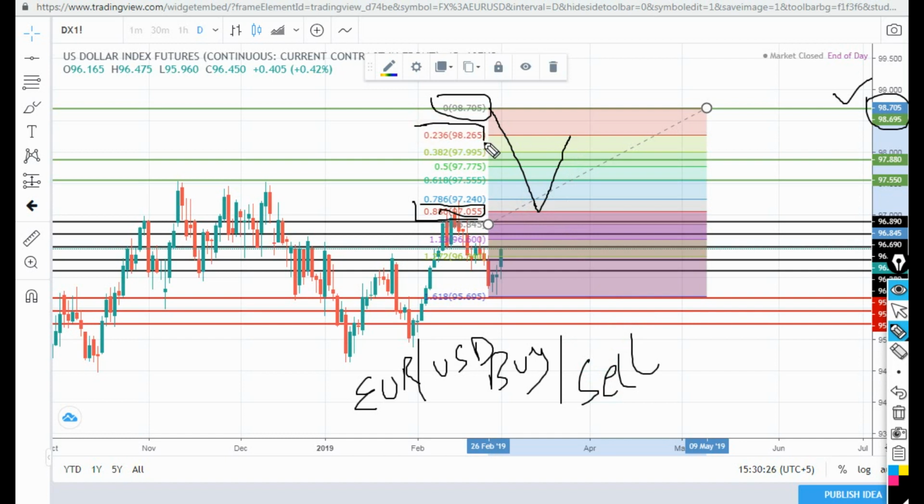Now note down these numbers, it's so easy. And after this B wave, you will see a C wave back to these numbers, that is 95.69, 95.69, right? So it's very easy, and we will meet again.